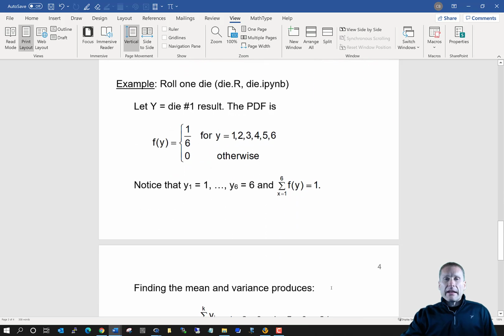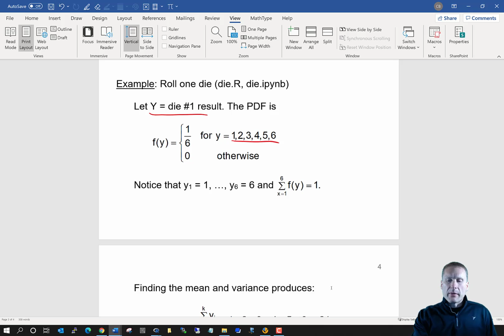Okay. Now, like I said, this is a very basic probability distribution function. It gives us a place to start when we're talking about these named probability distribution functions. And so a very basic example where it can be used is rolling a die. So let y be equal to the result from rolling a die.